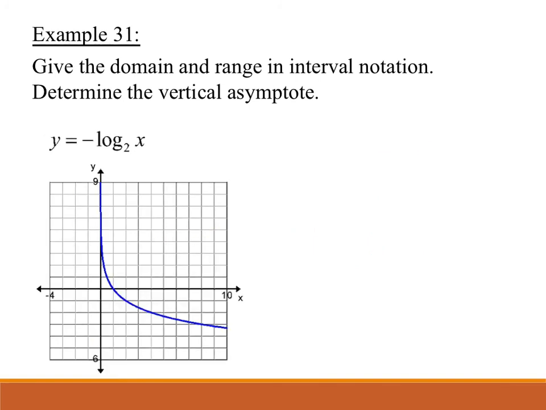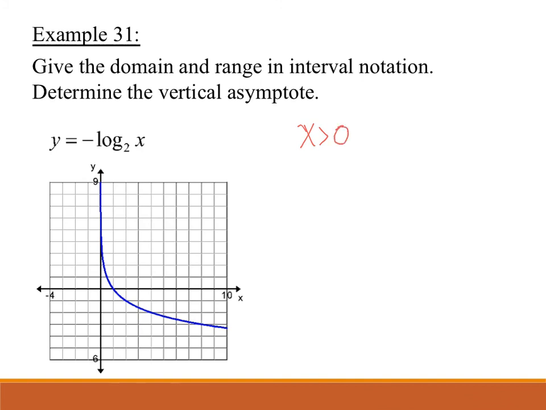Example 31, we have y is equal to negative 2 log 2 of x. We know that x in this case has got to be greater than 0, right?